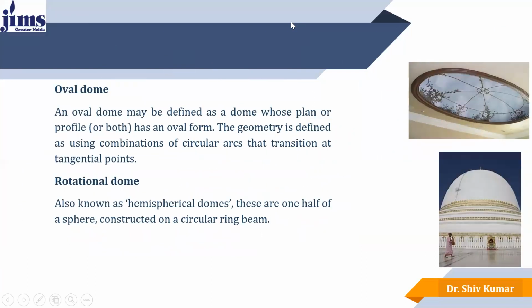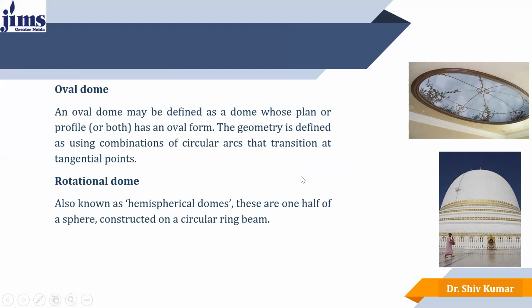The next is the oval dome. An oval dome may be defined as a dome whose plan or profile or both has an oval form. The geometry is defined using combinations of circular arches that transition at tangential points.